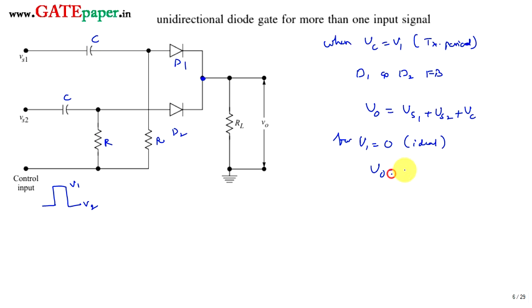Then V0 is equal to Vs1 plus Vs2. Output is now proportional to both input signals, but when you add both input signals, it will be some non-linear signal which belongs to neither Vs1 nor Vs2. So the limitation of this circuit is as follows.